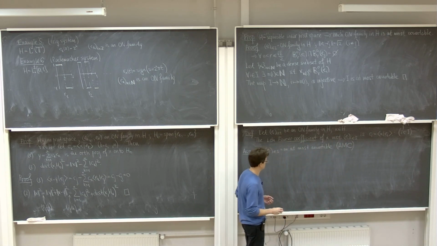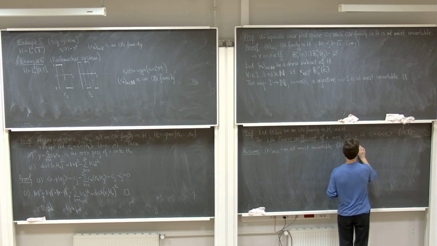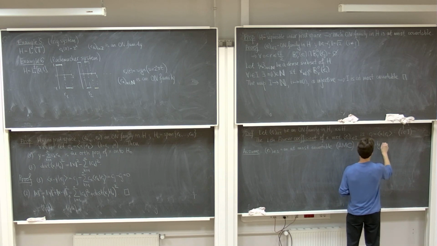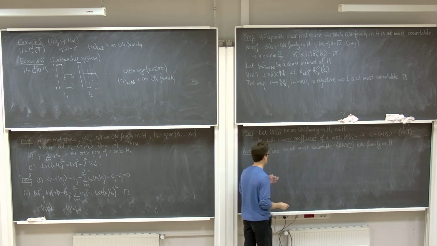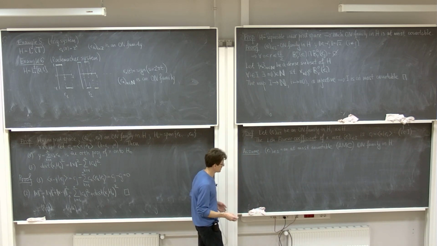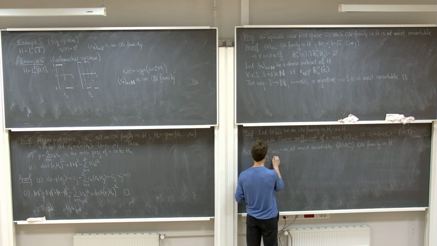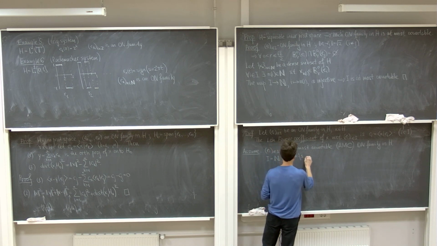AMC will mean at most countable. Orthonormal family in H. And since it is at most countable, we may assume that the index set I is either the set of natural numbers or the finite set of natural numbers from 1 to n.